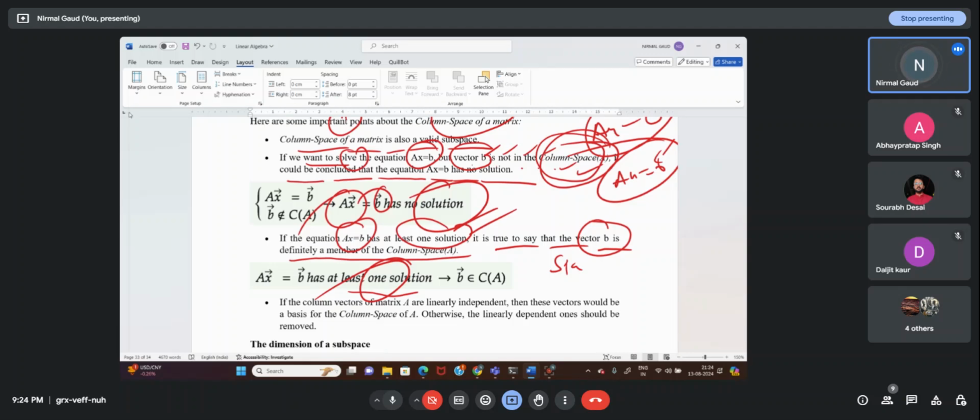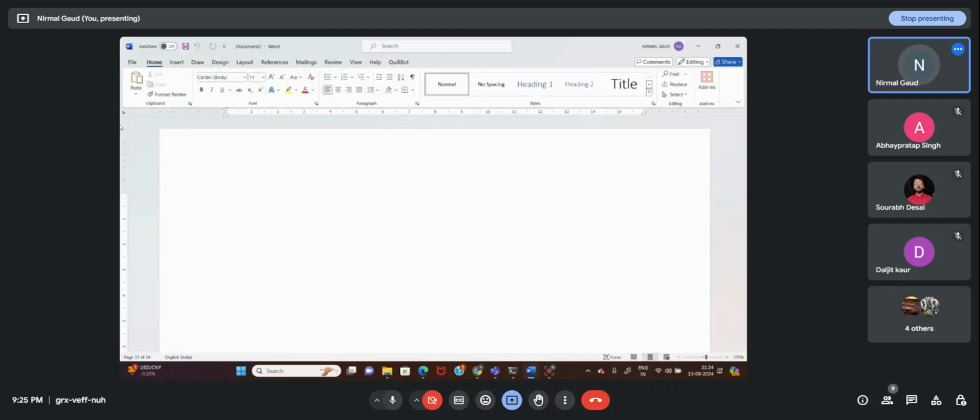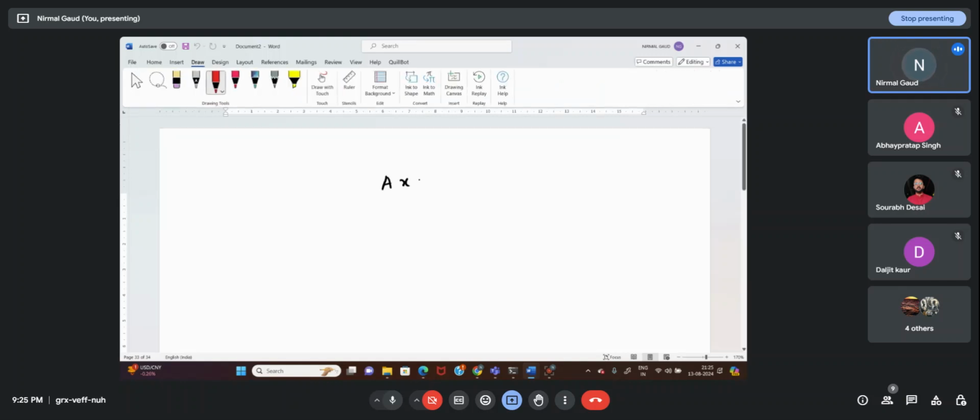So what has it told us so far? Ax equals 0, where A is a matrix and x is a vector.